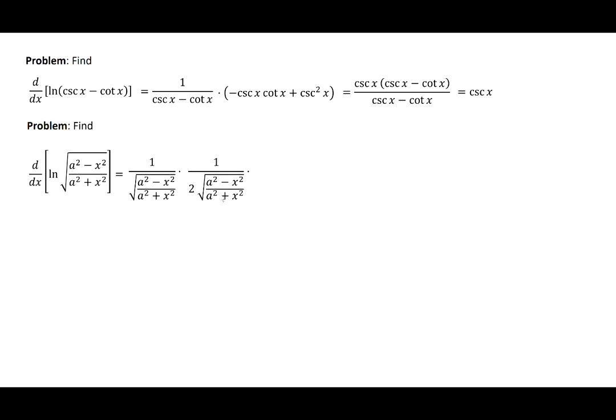I'm insisting on this, that u1 is the inside part, because that's what we need to differentiate next. We need to multiply this by the derivative of u1, and the derivative of u1 is just the inside stuff, right? Okay, what's the derivative of the inside stuff? For that we need to apply the quotient rule, and that's exactly what I did.